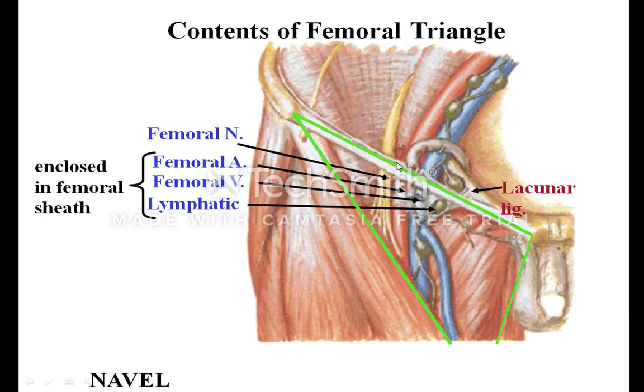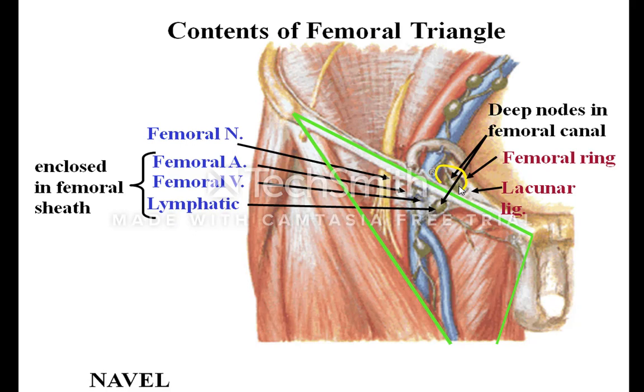Here is the inguinal ligament again, and you see this projection from the inguinal ligament, which is the lacunar ligament. And here is the femoral ring. We are going to talk about it in more detail.